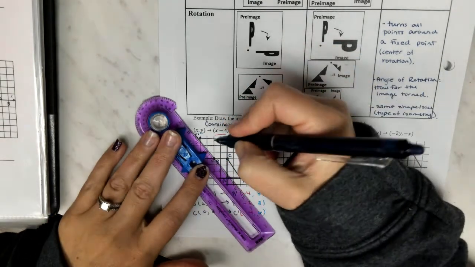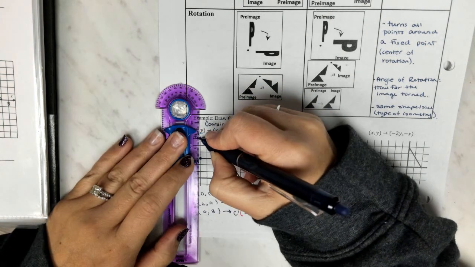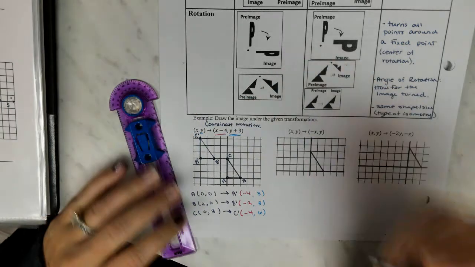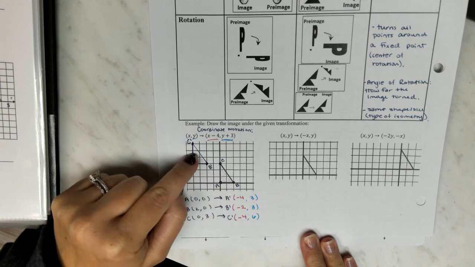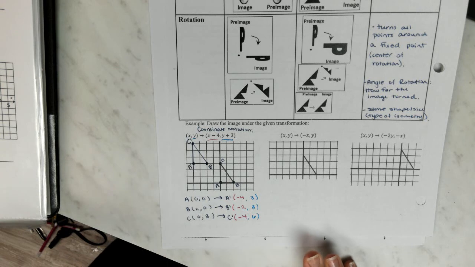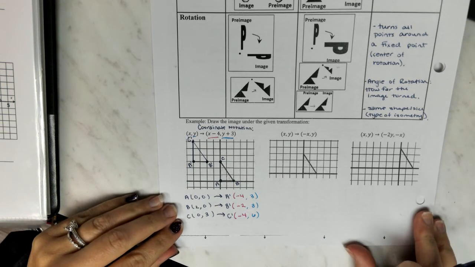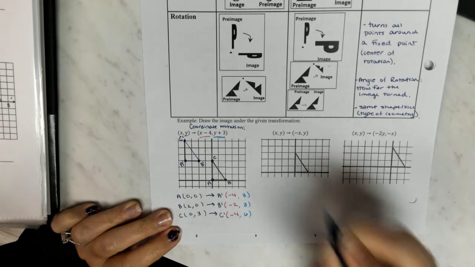A is connected to B, which is connected to C, which is connected to A. And I have this triangle that just shifted. So what did this undergo if it just slid from this pre-image to this image? That was a translation. Okay. So our A, our B, and our C are the exact same in these other ones. So I'm going to go through and I'm just going to label those.